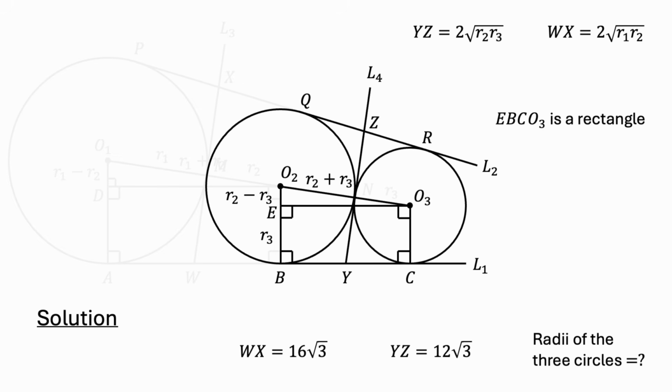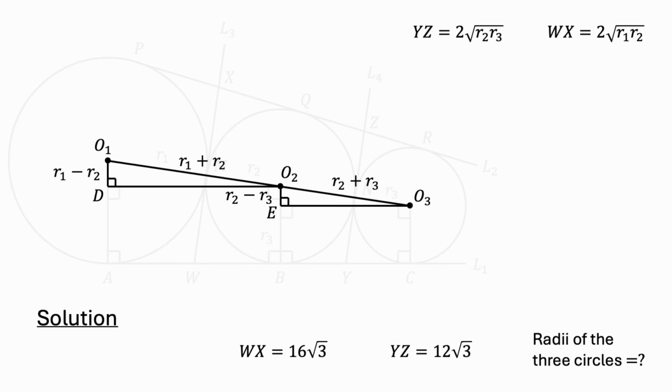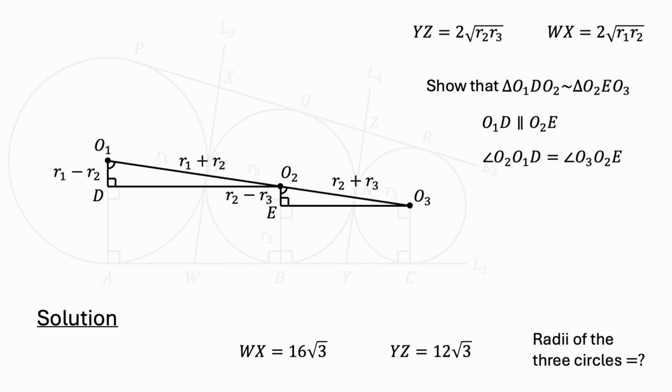Following this, consider triangles O1DO2 and O2EO3. Let us show that these triangles are similar. Since O1D is parallel to O2E, angle O2O1D equals angle O3O2E. Furthermore, angle O1DO2 equals angle O2EO3 equals 90 degrees.